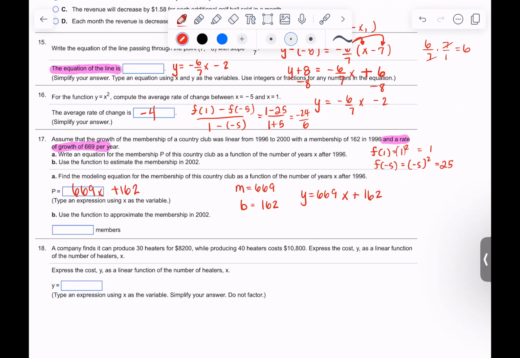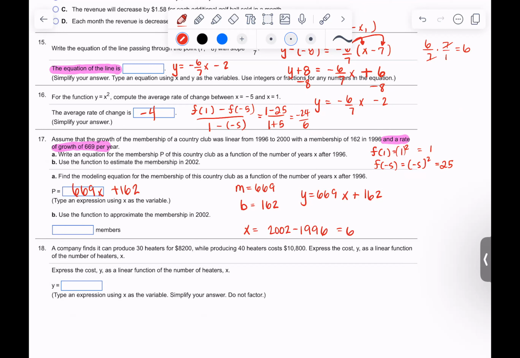Use the function to approximate membership in 2002. Well, this is years since 1996, I believe. So x will be 2002 minus 1996. We're aligning the data, so x equals 0 corresponds to the year 1996. So that is 6, I believe.